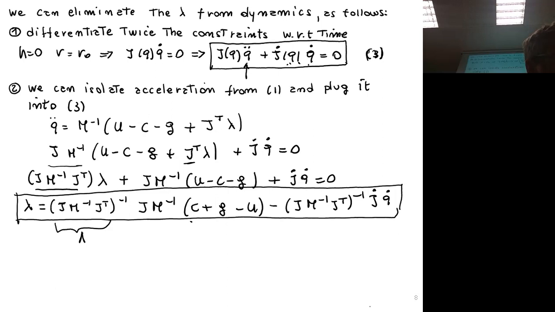And this we call h, the famous bias term. Sorry, only c plus g. Therefore, we can write it this way.